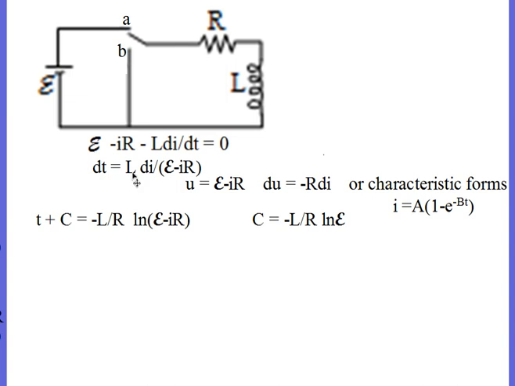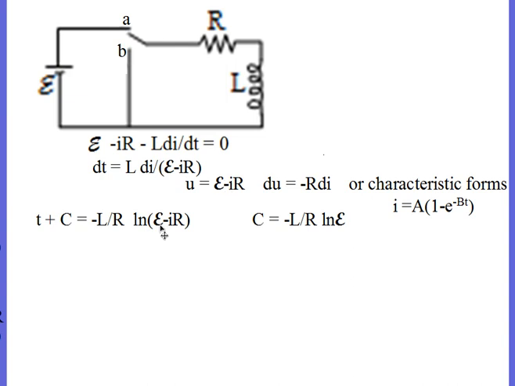Over here, to get this to be du over u, and there's the u, I would need to add a minus R here, so I'm going to have a negative L over R out in front, so that this becomes negative R di. So I would have negative L over R times negative R di, boom, which is what I needed here. And then that's the natural logarithm of u, and then I'll put this value back in for u.